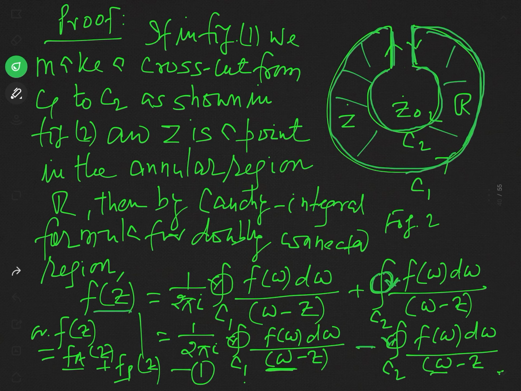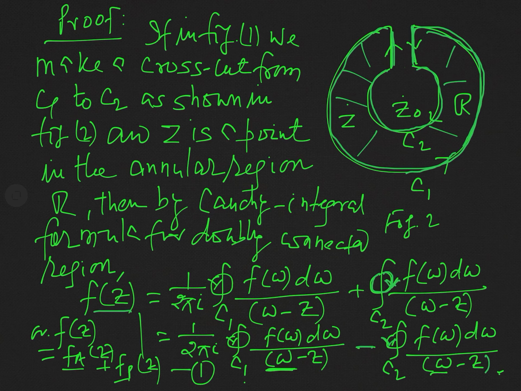So we can write the expression for f of z, using the Cauchy integral formula for this doubly connected region, as f of z equal to 1 over 2 pi i integral along C1 in counterclockwise sense of f of w dw by w minus z, minus the integral along C2 in counterclockwise sense of f of w dw by w minus z. In this expression on the right-hand side there are two integrals.